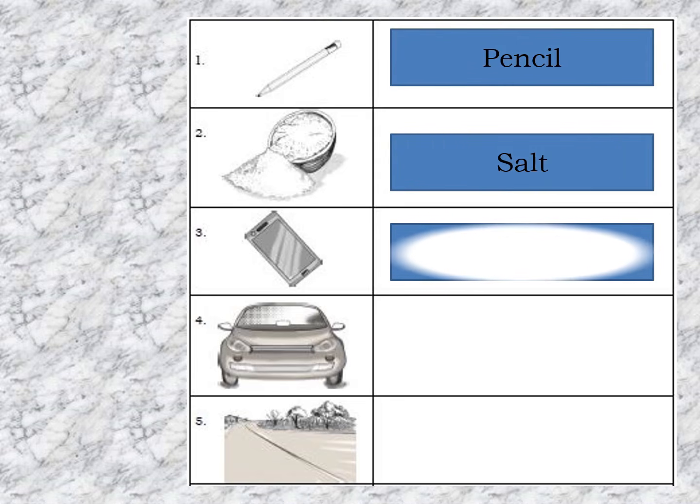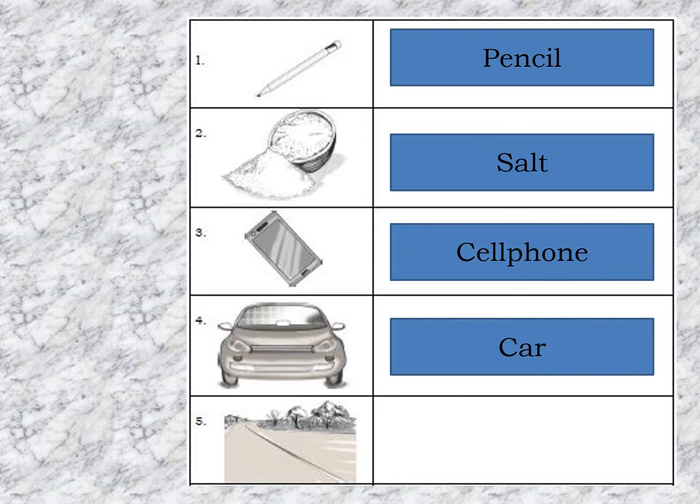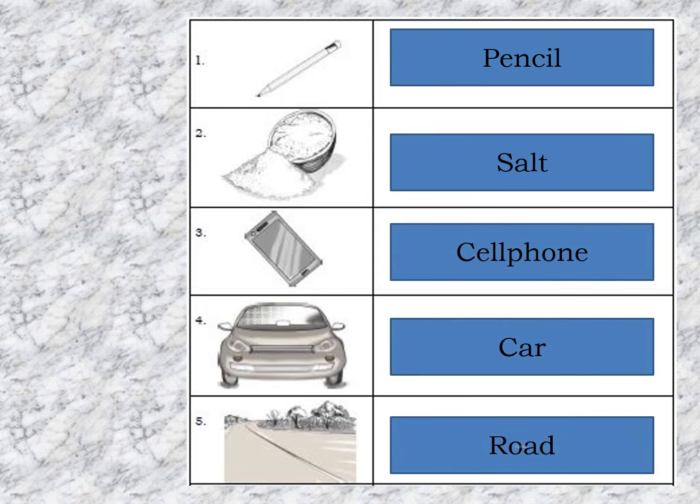Third, we have cell phones. Fourth is car. And number 5 is road. So, ano pong gagawin dito? Since na-identify na natin yung different objects, all you have to do is to determine kung ano bang minerals ang nilalaman ng bawat object na yan.